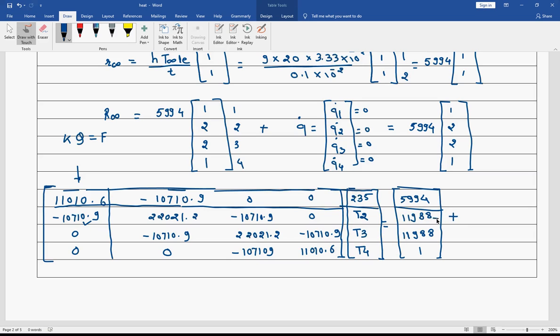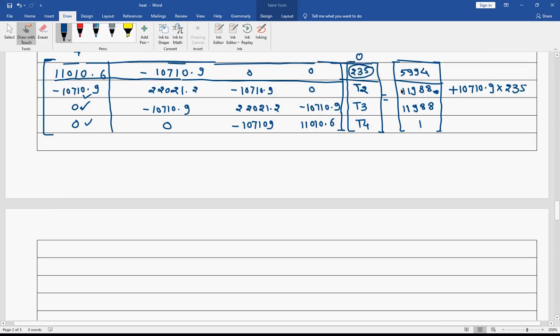So I have to add here on the second row, plus 10710.9 into 235. So this will be added on to this, and now I can eliminate this, considering this to be now 0. I moved it to this side, so this becomes 0. Now I don't have to worry about these two values because these are already 0. So now my equation remains.